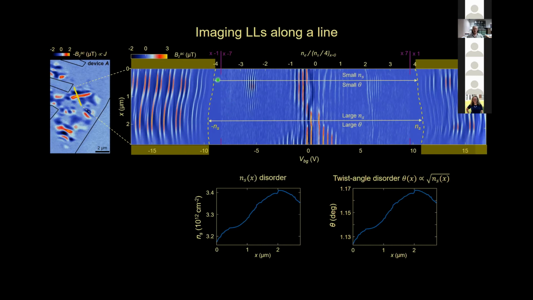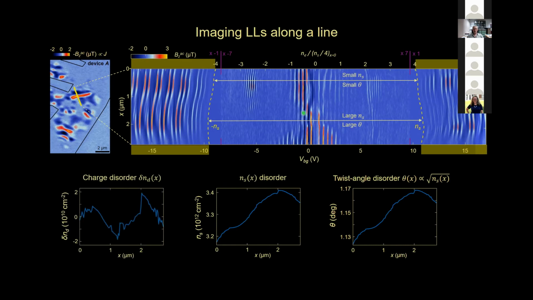So again, the distance between these two lines is determined by theta. So the difference between this and this gives us theta. But also, if we have charge disorder, the charge disorder will shift these lines in the same direction. So the difference between these two lines gives us theta, and the sum of these two lines, the average if you want, will give us charge disorder.